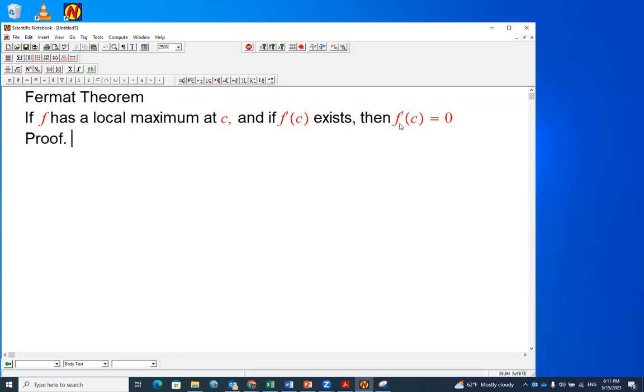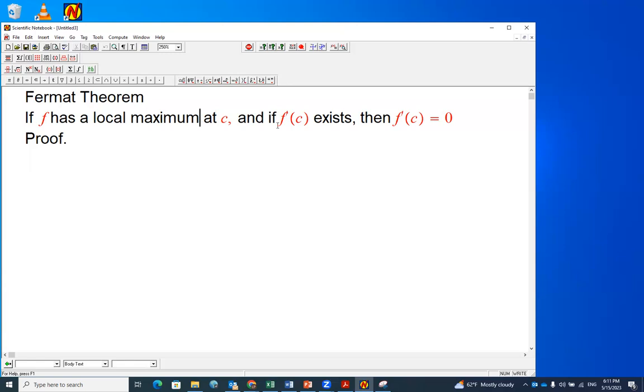Okay. So to prove this theorem, of course we're going to use the definition of a derivative existing at a point. So first of all, we have two conditions: f has a local maximum at c, or a local minimum.